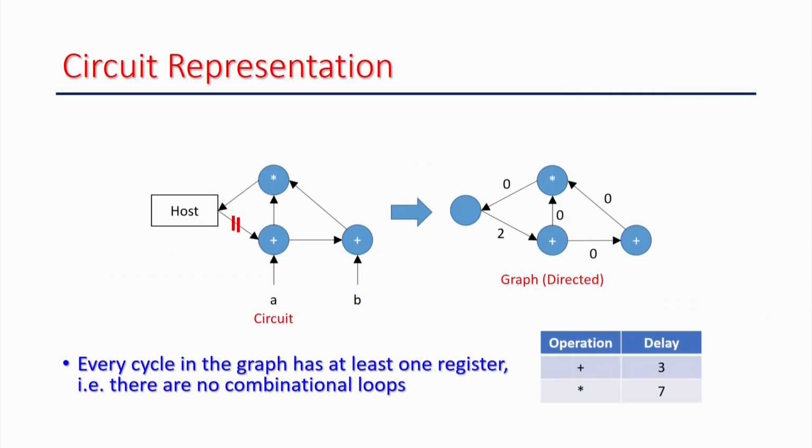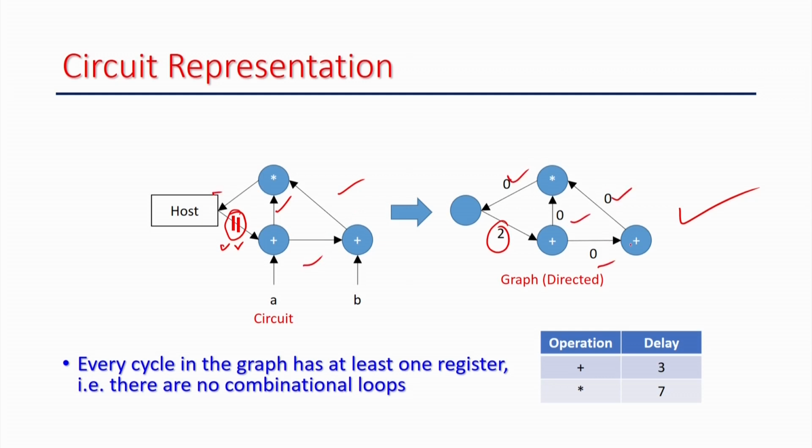Just to elaborate, there is an example here. Suppose this is my circuit, I have an adder and a multiplier, and these red boxes are the 2 registers. If I represent it as a graph, I have an edge for each connection. I have nodes for each gate or combinational unit, and there are 2 registers here, so that weight will be 2. All other edges have no registers, so their weight is 0.